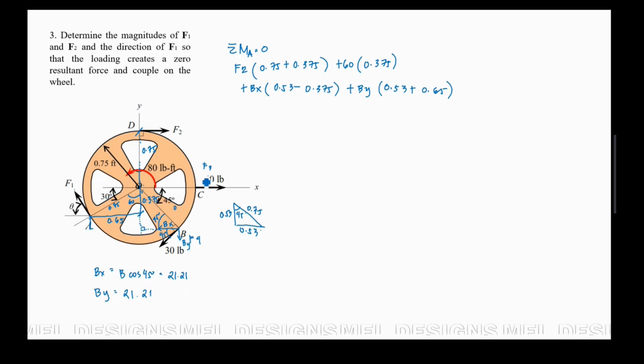Tapos yung moment natin to. Ito yung nakalimutan nating ilagay nung nakaraan. Yung moment natin dito. So we have here minus 80 pound-feet is equal to 0. So BX is 21.21. BY is also 21.21. So, the missing now is the value of F2.